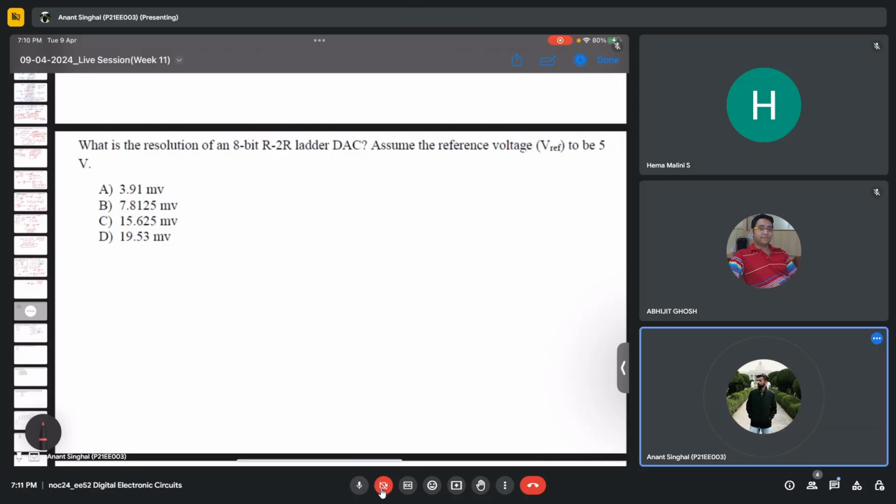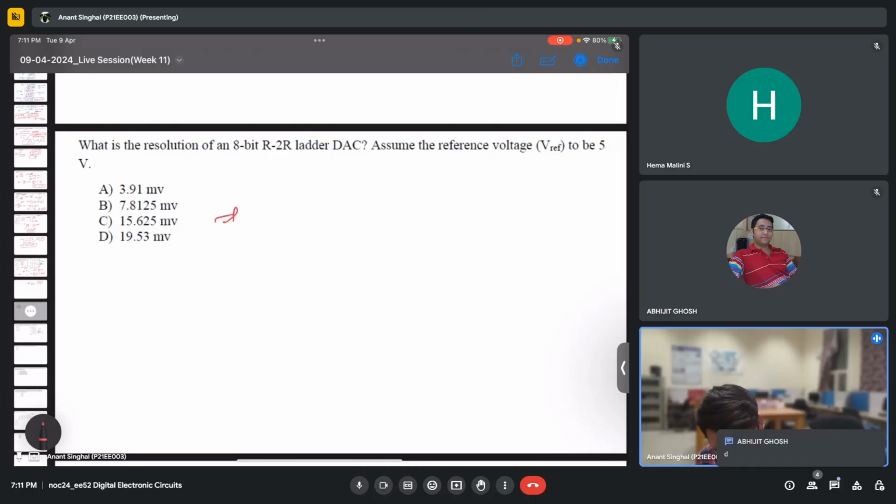So one of the answers is B. So let me solve. This is very easy. So we have an 8-bit R2R ladder. So the resolution is straightforward.